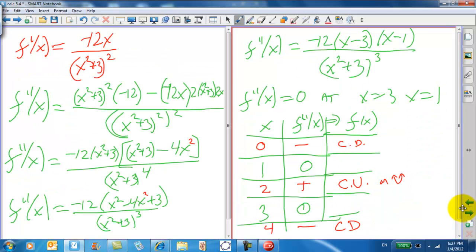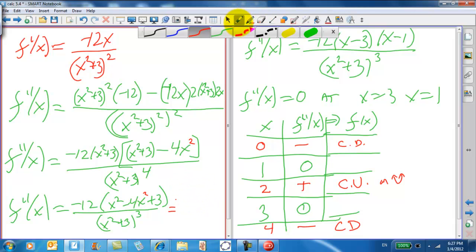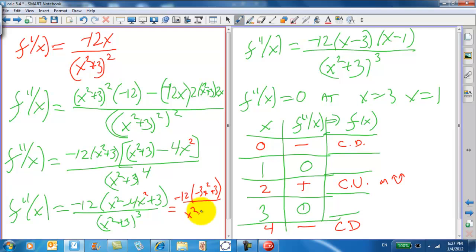So that makes x squared minus 4x squared plus 3. That becomes negative 12 times negative 3x squared plus 3 over (x squared plus 3) cubed.